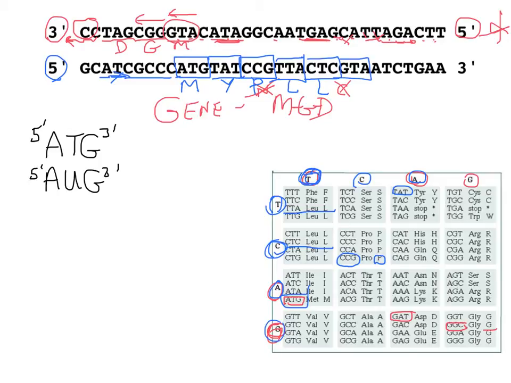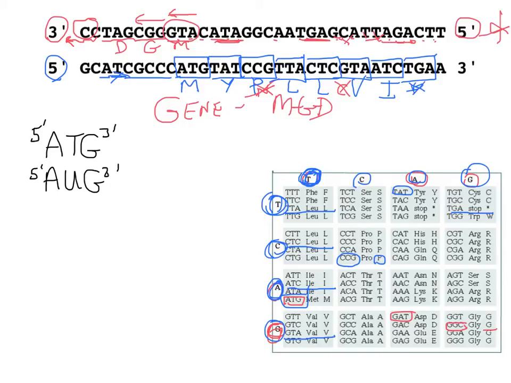GTA is valine. ATC is isoleucine. TGA. Oh, look, there we have a stop.